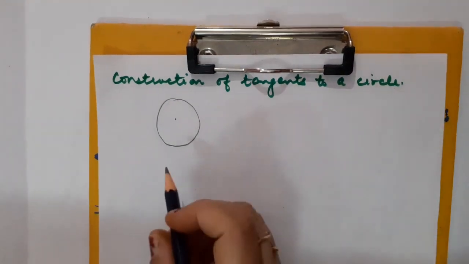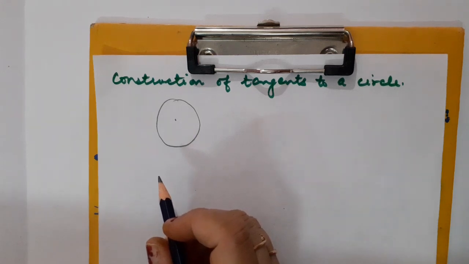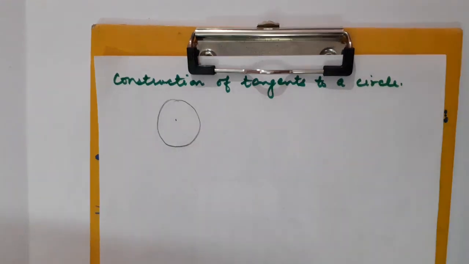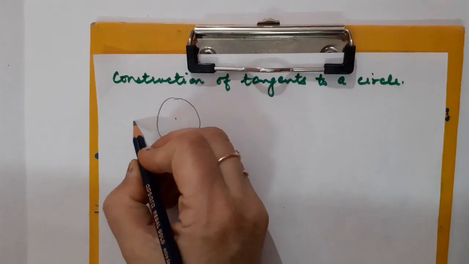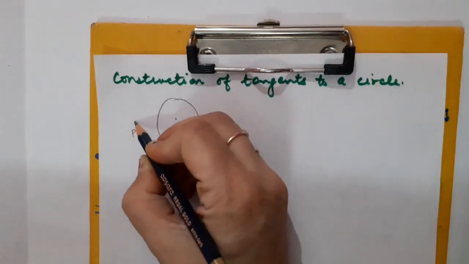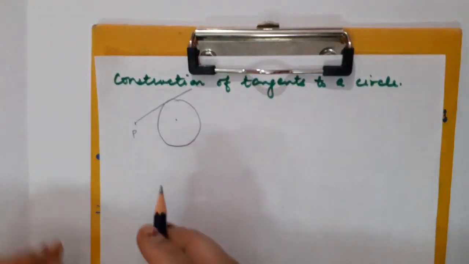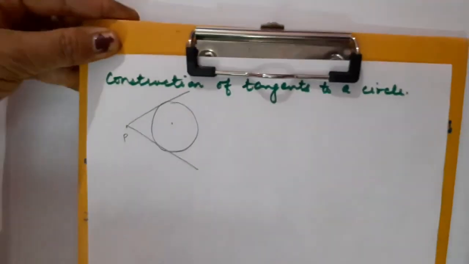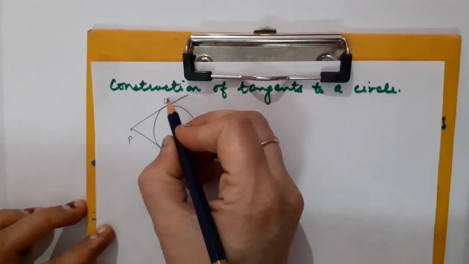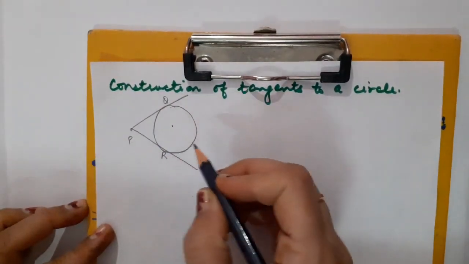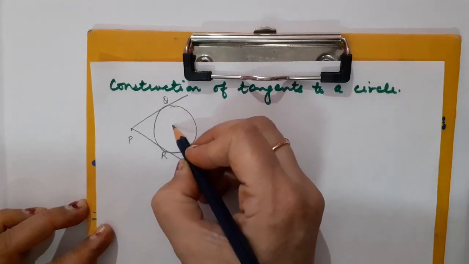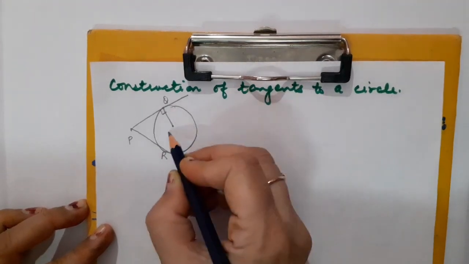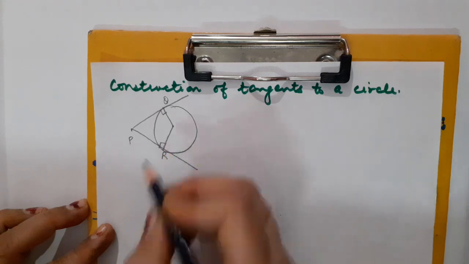And we know that radius is perpendicular to the tangent at the point of contact as well, right? From an external point to a circle, two tangents can be drawn. And here you can see that point Q as well as point R, they both are known as the point of contact, and radius is perpendicular to the tangent at the point of contact.